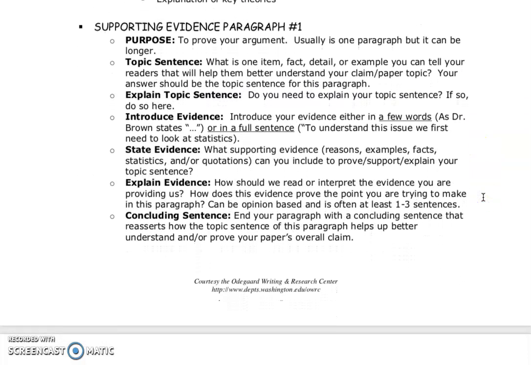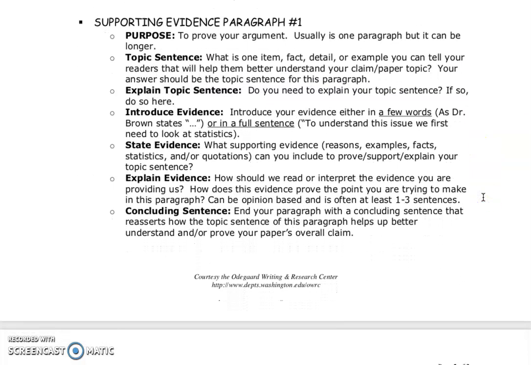Then you're moving on to your first body paragraph. Every body paragraph will be set up in this way. There's a very formulaic way of writing these in research papers. You've worked with this already, but I want to emphasize what you're supposed to do with the research once you've included it. Remember that the purpose of every body paragraph is to prove your argument.